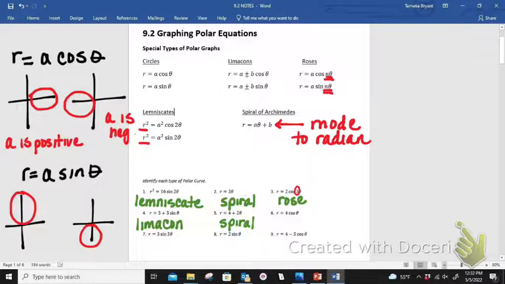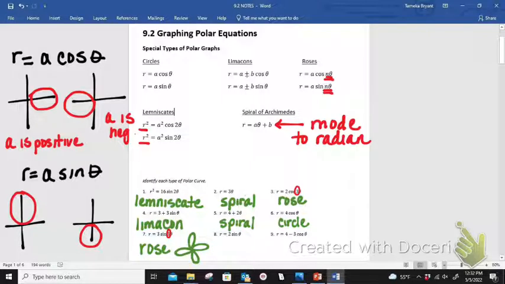Number 6, what do you think that's going to be? Circle. Number 7, again, we have this number that's being multiplied by theta. So that's going to look like a rose. It looks like a flower. I don't know why they call it a rose, but that's what it looks like.